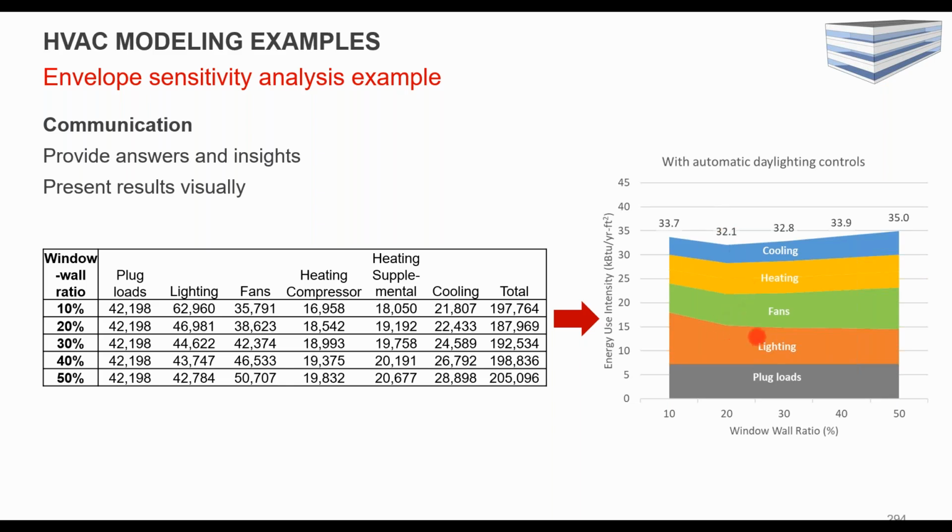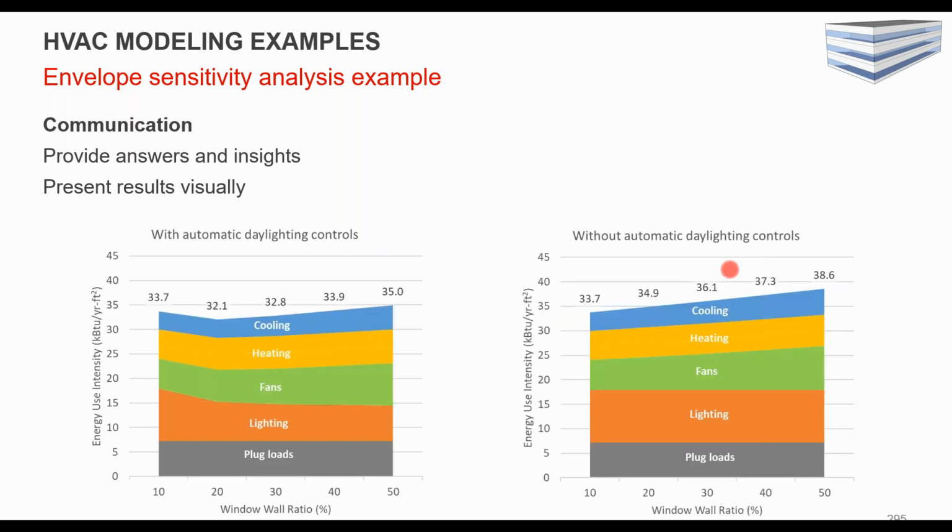Because as you start getting larger window to wall ratio, in this case, your heating, cooling, and fans are going up, right? And that's subsequently not being offset by the daylight controls. So your minimum in this case actually is not 10%, but you're getting enough daylight harvesting from lighting at 20%, for example. That's your minimum EUI. So again, it's a good way to visualize data.